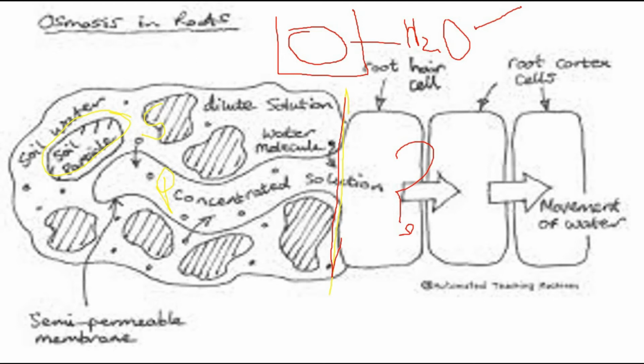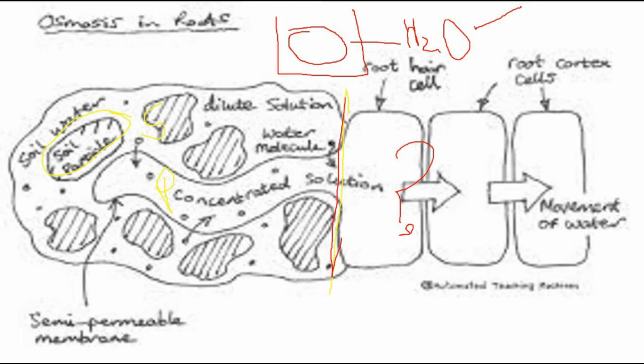I would say that osmosis is occurring in this plant cell. How? In the soil where water particles and mineral particles are high. Now remember, solvent particles can move through the semi-permeable membrane.